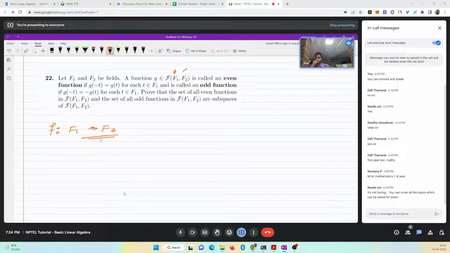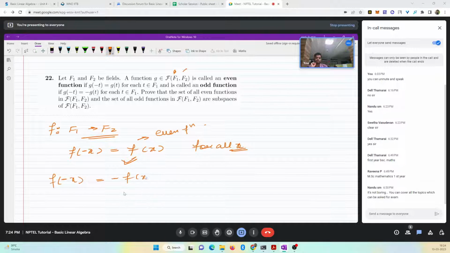Now a function is called an even function if f of minus x is equal to f of x for all x. If this is satisfied, then your f is called an even function. It is called an odd function when f of minus x is equal to minus f of x for all x.